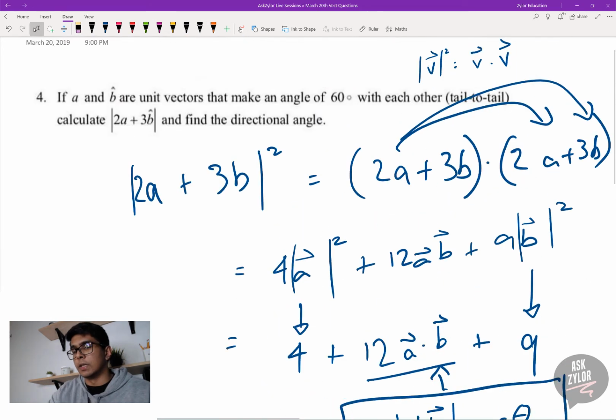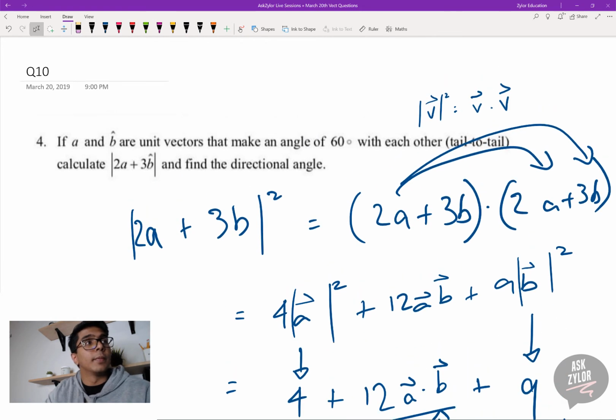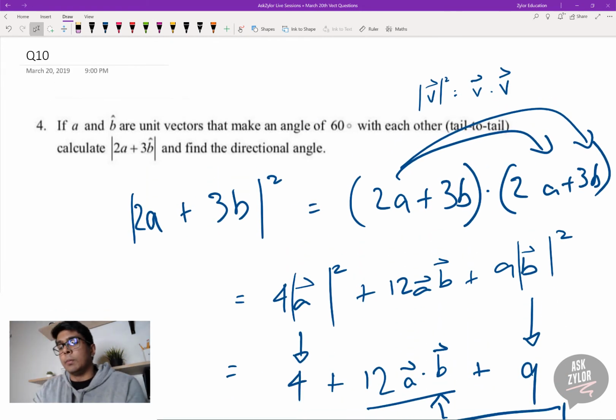Alright, so let's just recap what we did. We had a and b, which are unit vectors that make an angle of 60 degrees with each other, tail to tail. So calculate 2a plus 3b and find the directional angle. We needed to find the magnitude of this.